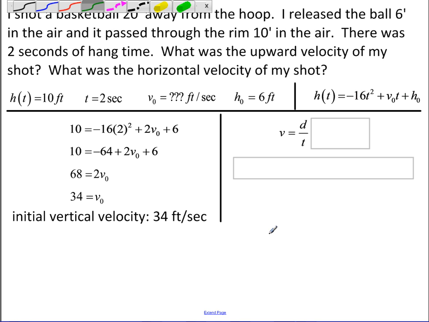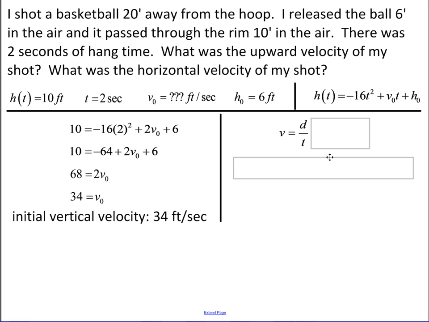So gravity is the big force that we have to deal with, and that only pushes up and down in the vertical direction. So that means in the horizontal direction, we're left here with an equation v equals d over t, which means our velocity, v, is equal to the distance traveled over the amount of time spent traveling. And this makes sense if you're in a car, for example, and you travel 5 miles and it takes you 1 hour to do so, you're traveling then 5 miles per hour.